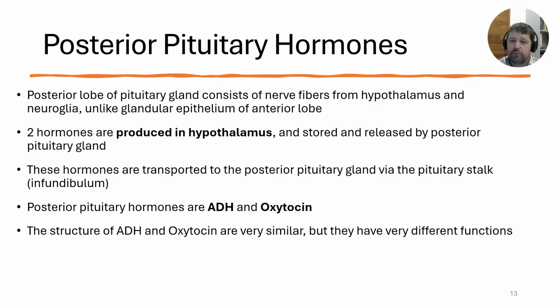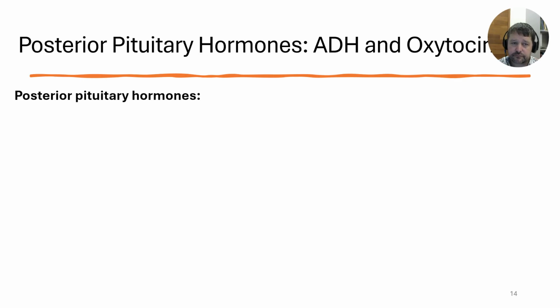These two hormones are very similar to each other, but may have different functions in different situations and different body regions. Again though, these are released from the posterior pituitary due to nerve impulses coming from the hypothalamus.